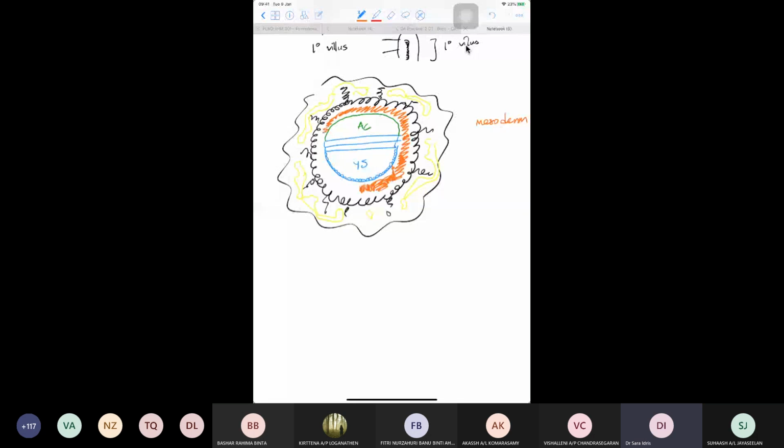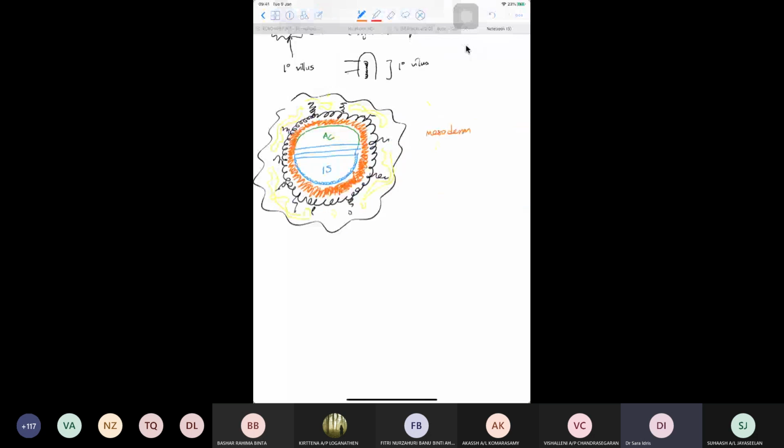The yolk sac cells will produce a lot of mesoderm that will surround the whole embryo proper. So you have a lot of this mesoderm in between the yolk sac and the cytotrophoblast, and it will also proliferate in between the amniotic cavity and the cytotrophoblast. So it will go everywhere surrounding the embryo. This here is your mesoderm.